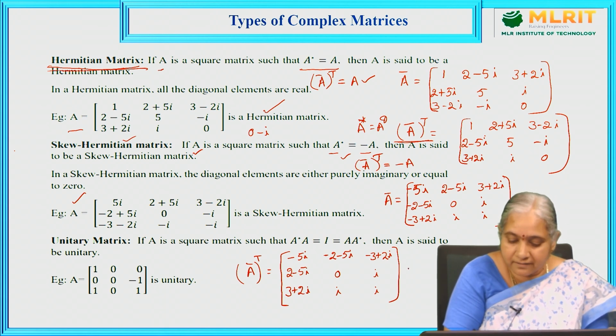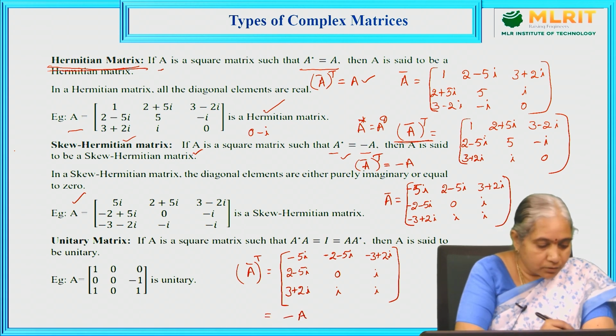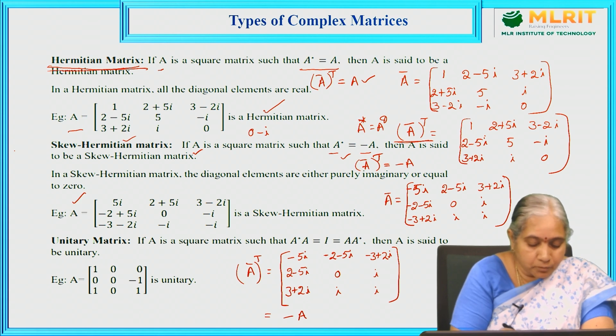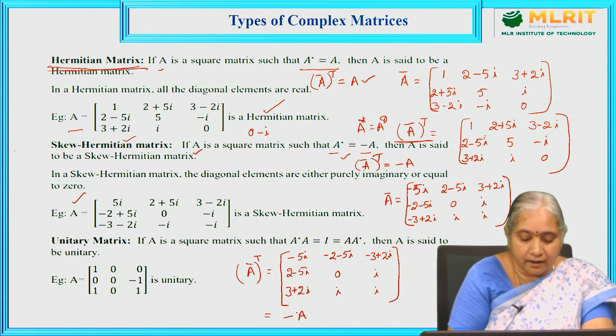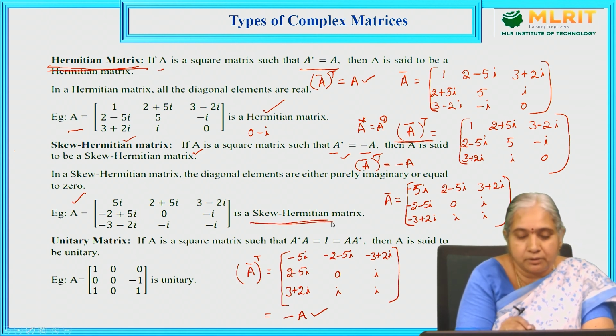So this is exactly minus A. So here the property A conjugate transpose is equal to minus A. So this property is satisfied. So that's why the given matrix A is said to be skew Hermitian matrix.